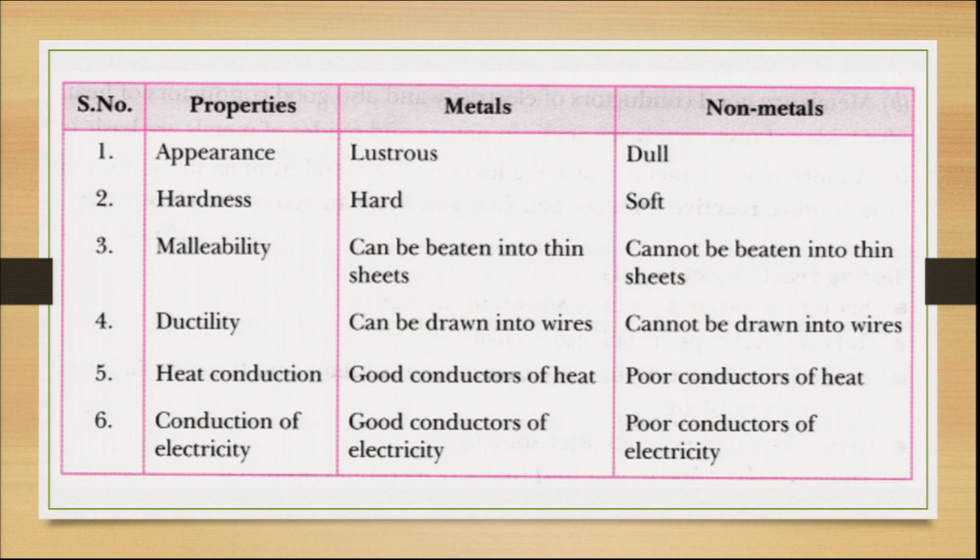As all of you know, the utensils that we use at our home are made up of metals like aluminum vessels. Because metals are good conductors of heat and non-metals are poor conductors of heat, that is the reason we use metals to make utensils or cooking vessels.